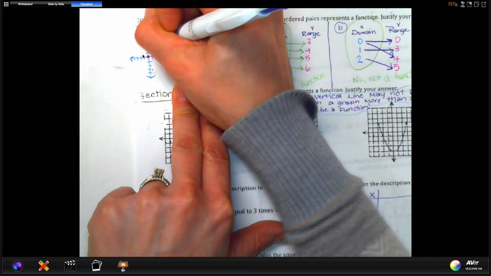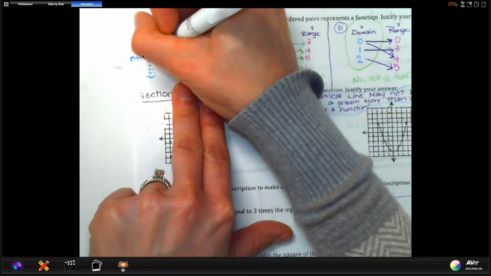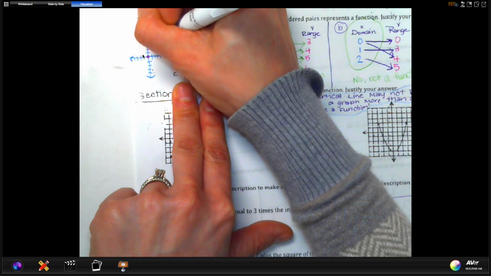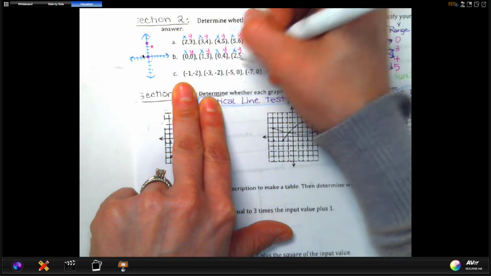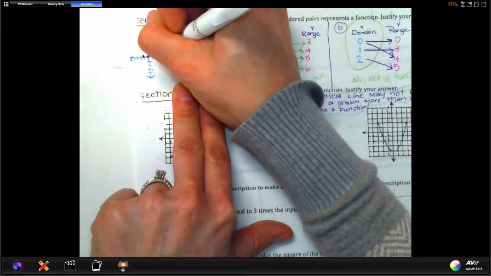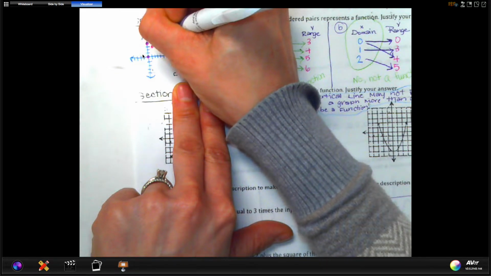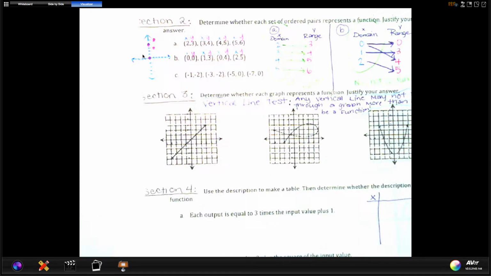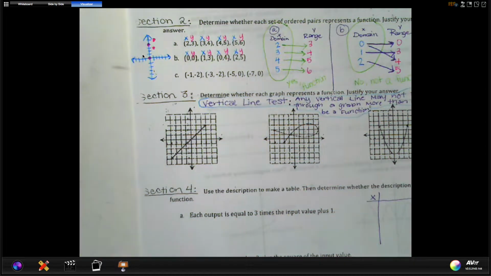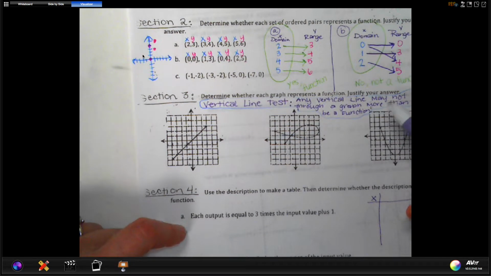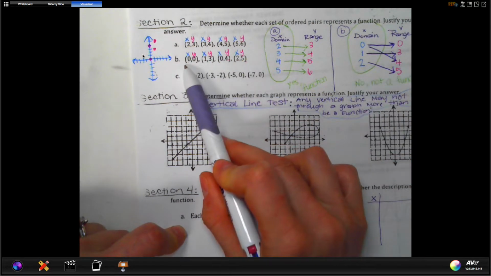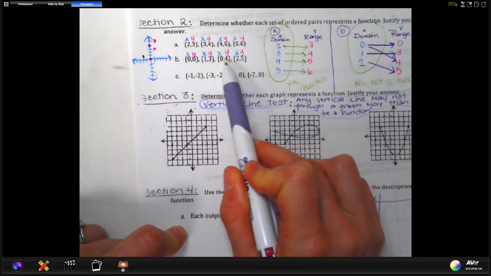There's that dot. (0, 4) would be right 0 and then just up 4. And then (2, 5) would be right 2 and up 5. Now, in a second, I'm going to show you the vertical line test. But what we're trying to say is the reason this wasn't a function is that 0 mapped to 0 and 0 also mapped to 4.